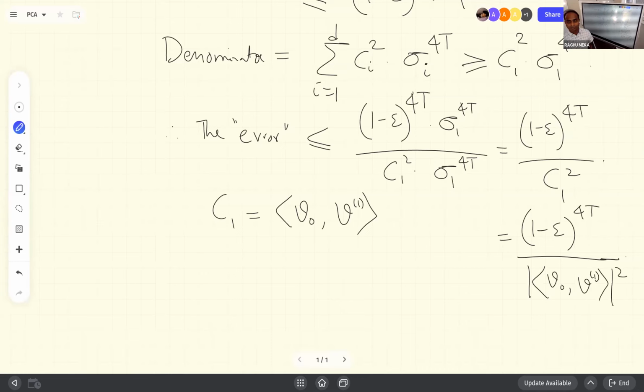That's the theorem, right? The error is at most (1 minus epsilon) to the 4t divided by this starting inner product squared. Any questions about this?